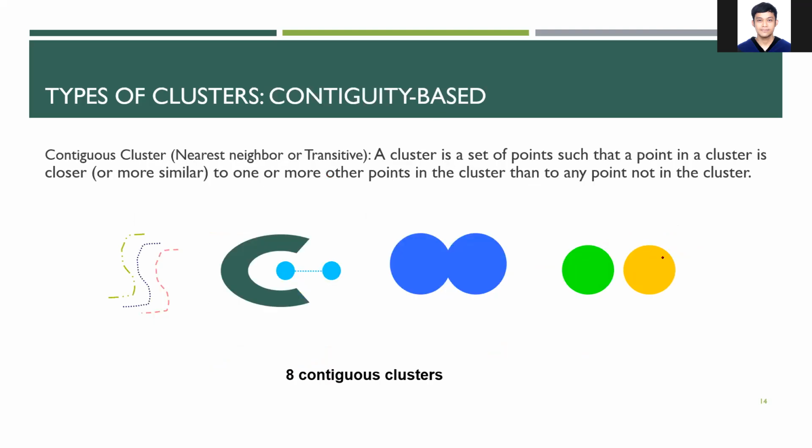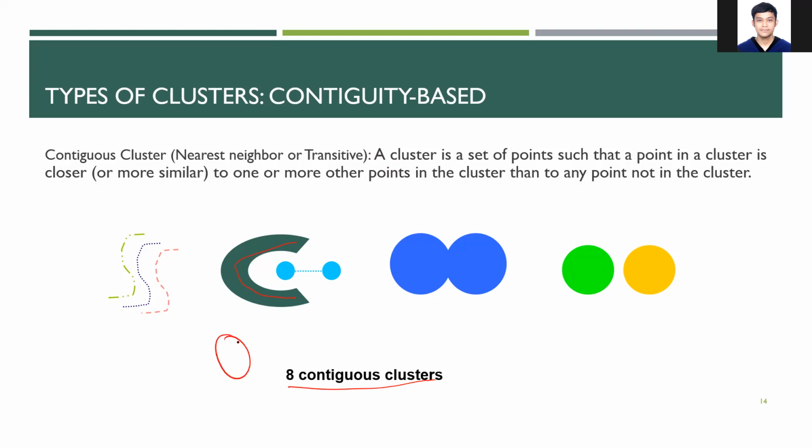There is contiguity based, so contiguous cluster, or nearest neighbor, or transitive. In this type of cluster, a cluster is a set of points such that a point in a cluster is closer to one or more other points in the cluster than to any points in another cluster. So when we do clustering, this cluster shape is not common.